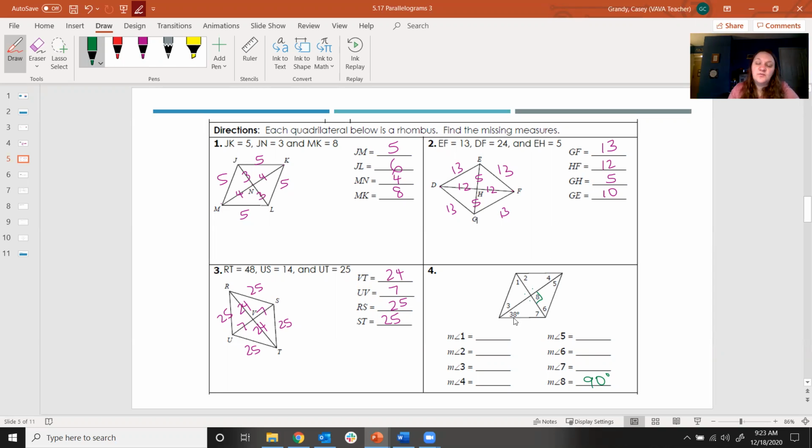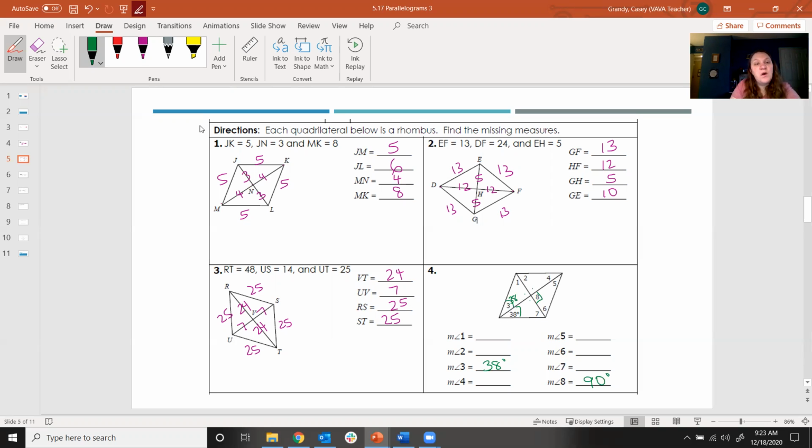Another part of a rhombus is that the diagonals bisect opposite angles. So that means these angles are being cut in half. Okay, well, if this half is 38, then this half has to be the same. So now I know angle 3 is 38 degrees. I'm just going to go ahead and write 38 right there.